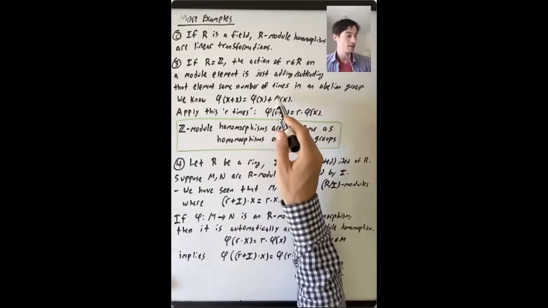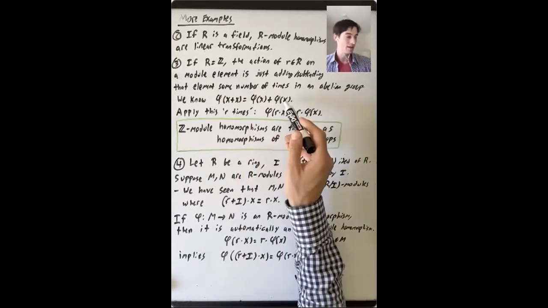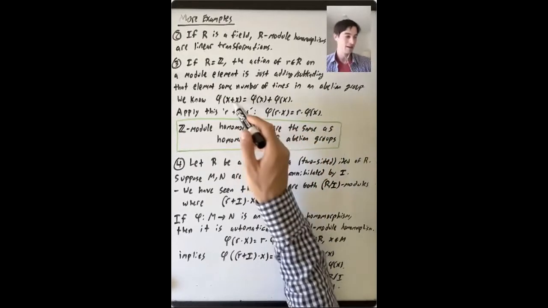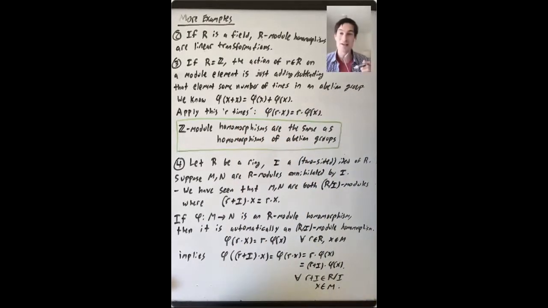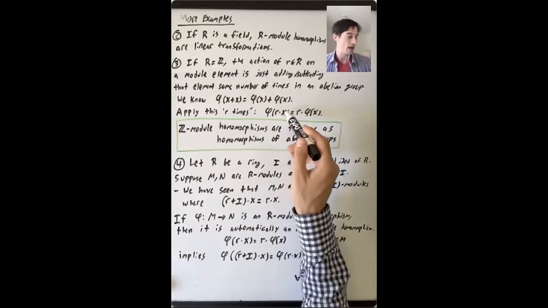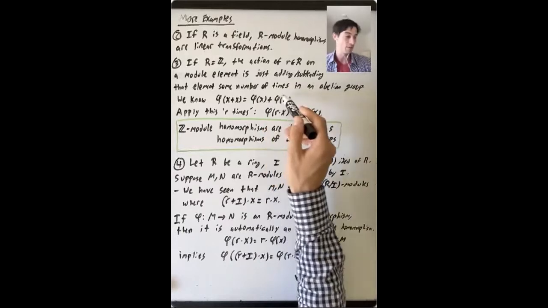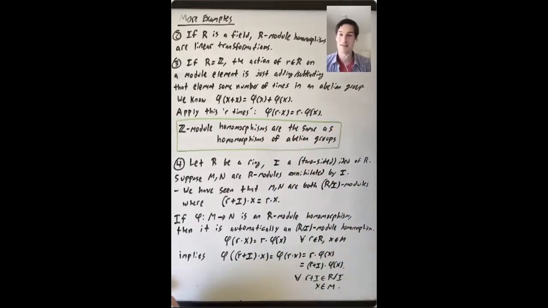But if you look at this condition and take r equals 2, x plus x is 2 dot x. So what are we seeing? We're seeing exactly that phi of 2 dot x equals 2 dot phi of x. Phi of x plus phi of x is 2 dot phi of x. So, okay, that's what happens for r equals 2.